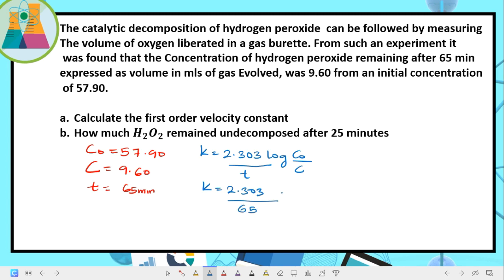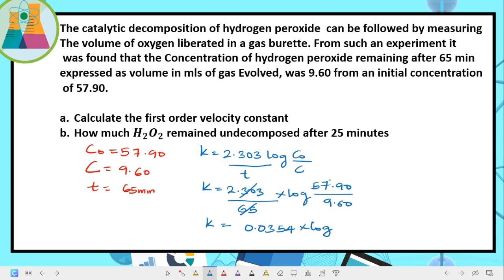65 minutes times log C0, the initial concentration, 57.90, all over C, which is 9.60. Now when you calculate this, what are you going to have? You have k is equal to, if 2.303 divides 65, it is going to give us 0.0354, then we have times log.